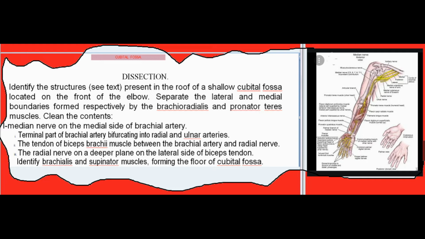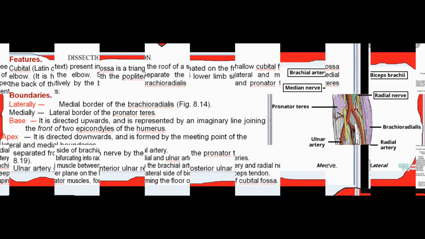Clean the contents: median nerve on the medial side of the brachial artery; terminal part of the brachial artery bifurcating into radial and ulnar arteries; the tendon of biceps brachii muscle between the brachial artery and radial nerve; the radial nerve on a deeper plane on the lateral side of the biceps tendon. Identify brachialis and supinator muscles, forming the floor of the cubital fossa.